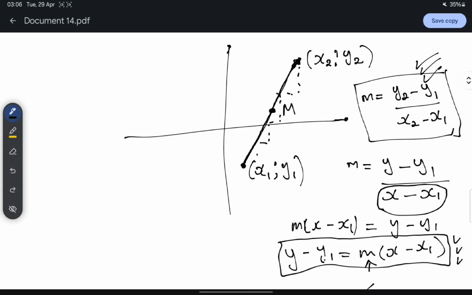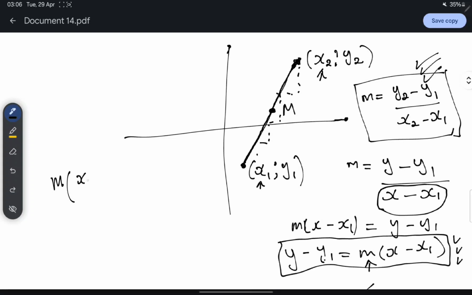The coordinate of m, which is the midpoint, could be this value plus this value divided by 2.